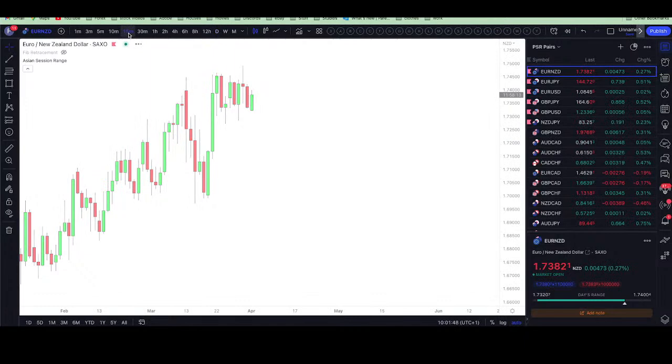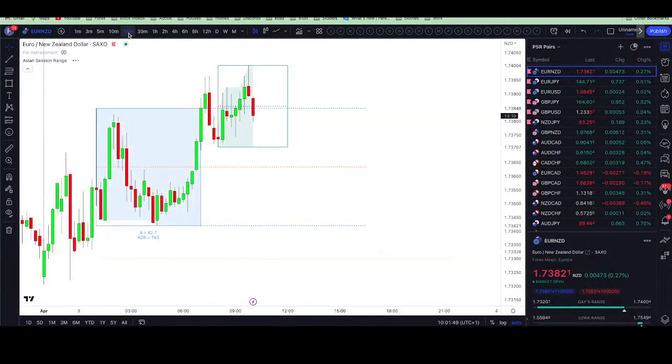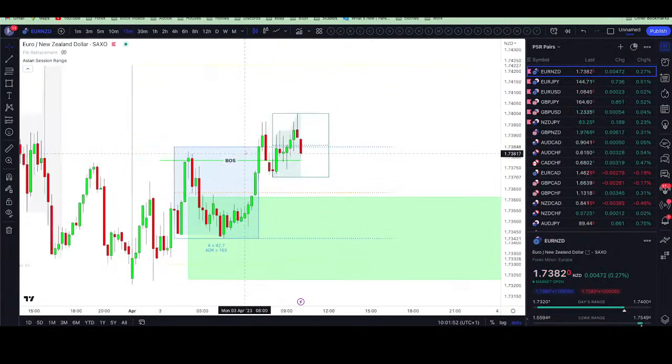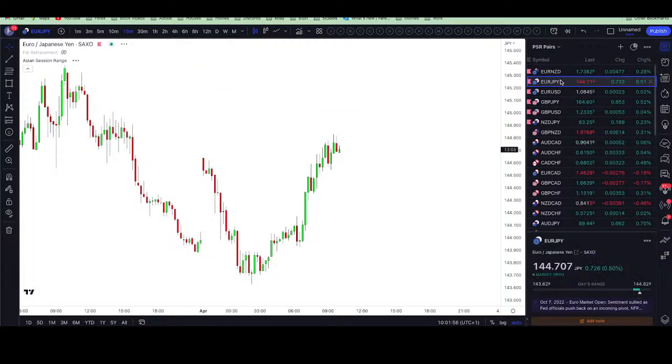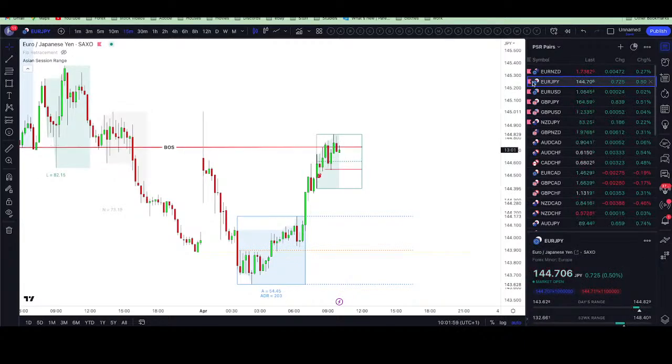If there's any other pairs you want me to check, people, let me know. Euro New Zealand's pulling back. Did I set the alert here? I do have an alert on that one.